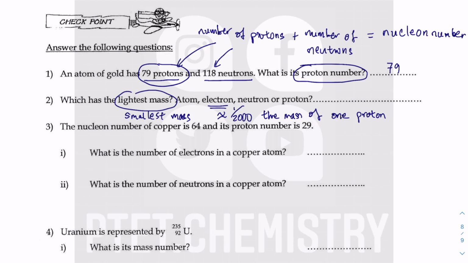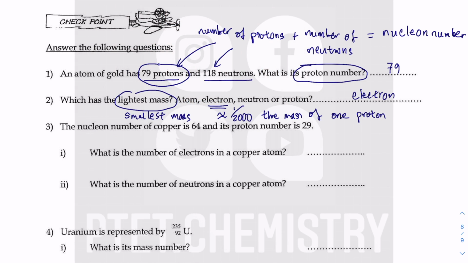It is also about 1 over 2000 the mass of one neutron as well, because the mass of one proton is the same as the mass of one neutron. So the electron is very light, and the mass of an atom is concentrated in the nucleus because the nucleus contains the protons and the neutrons.